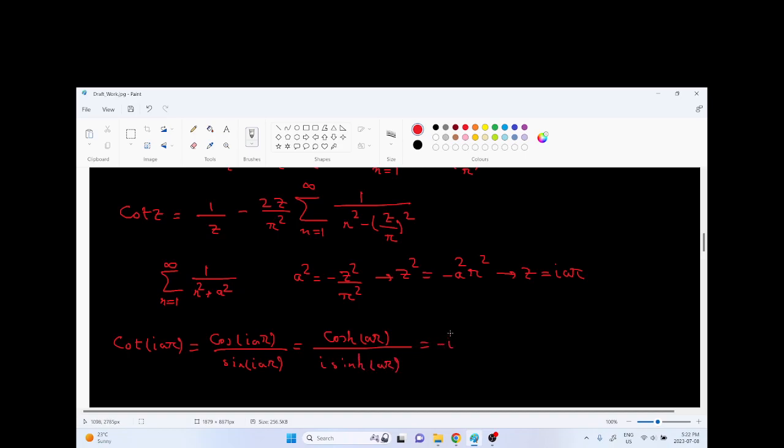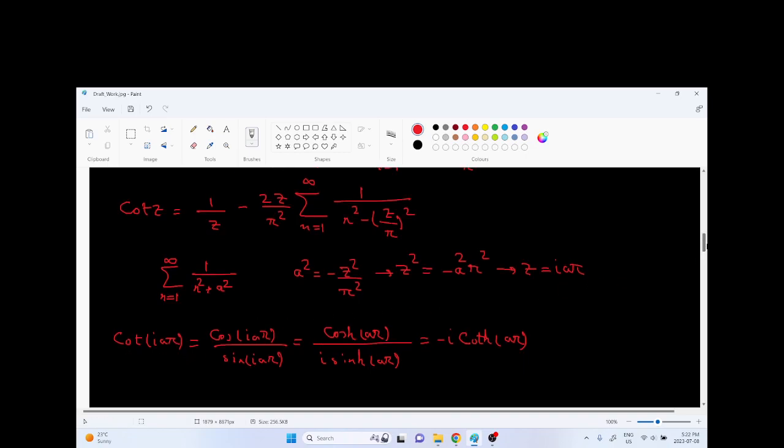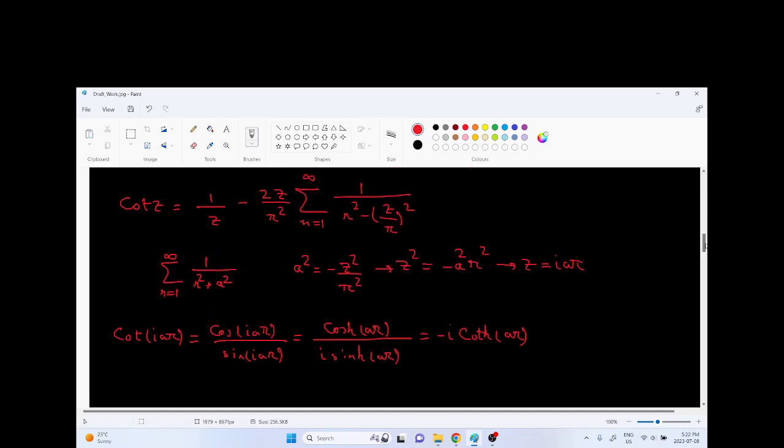And we can write this as negative i times cosh divided by sinh, which is hyperbolic cotangent of a pi.